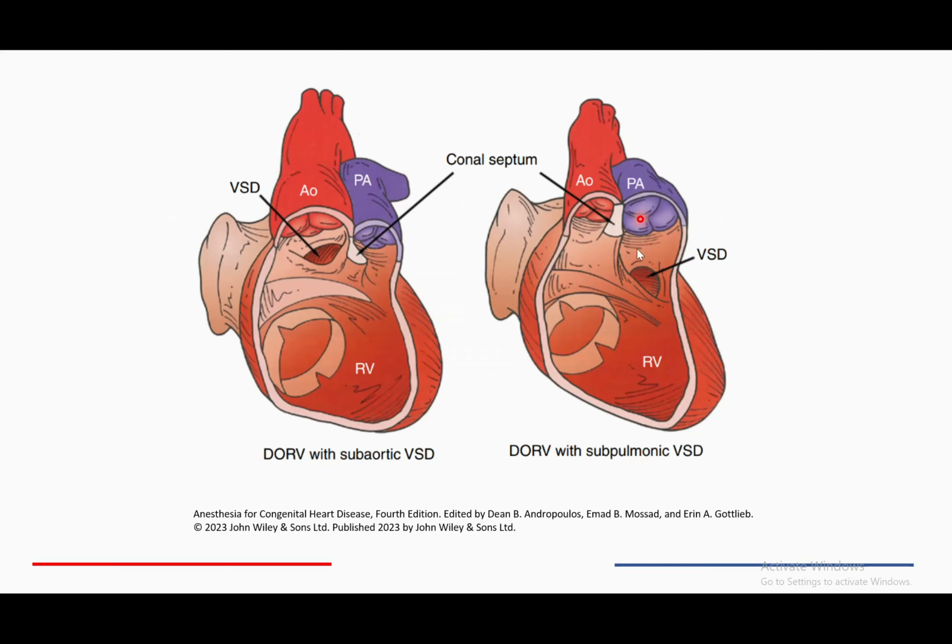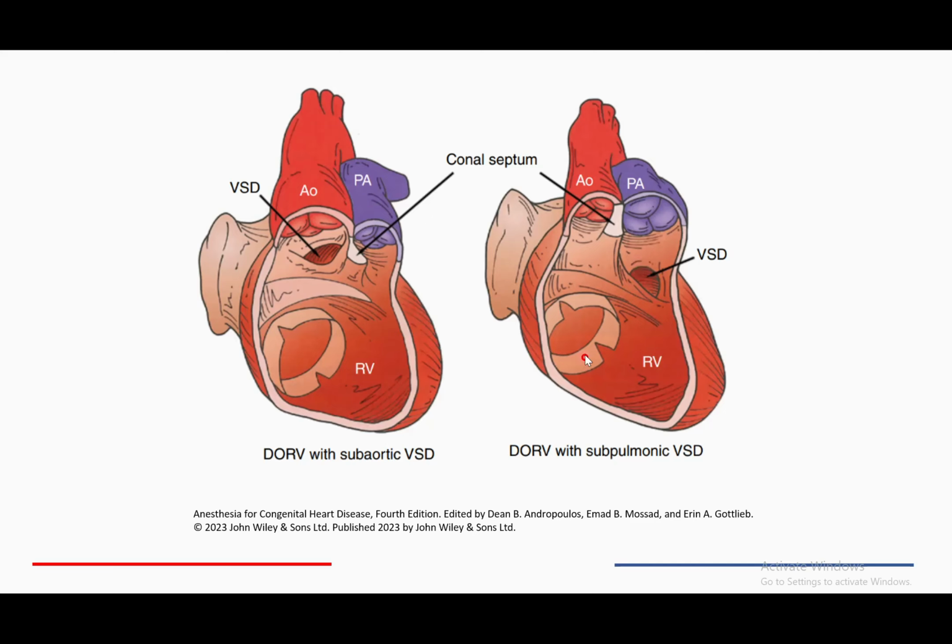What if the VSD is under the pulmonary, is subpulmonic? So by jet propulsion, the blood from the left ventricle at the back flows into the pulmonary artery, and some blood escapes to the right ventricle and then to the aorta. And the blood coming from the vena cava will find the pulmonary more occupied by the jet propulsion of the blood from the left ventricle.